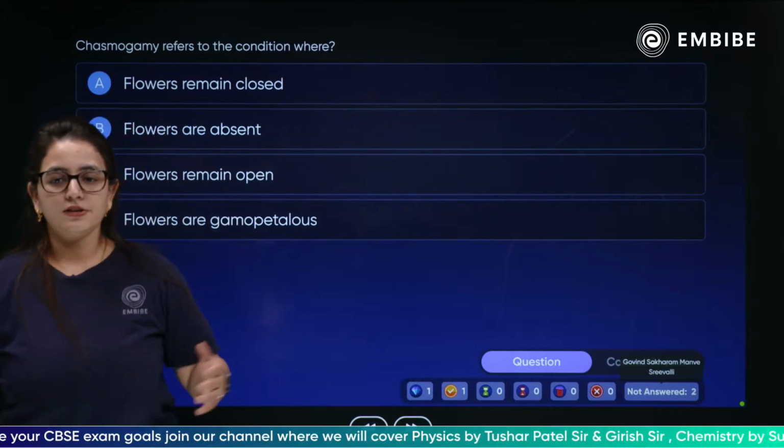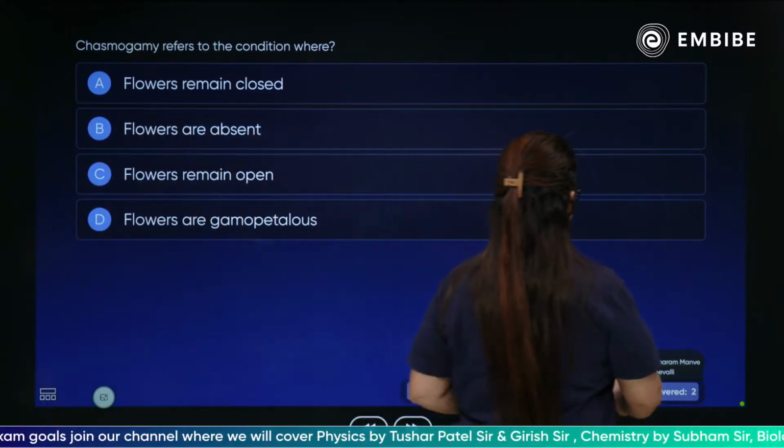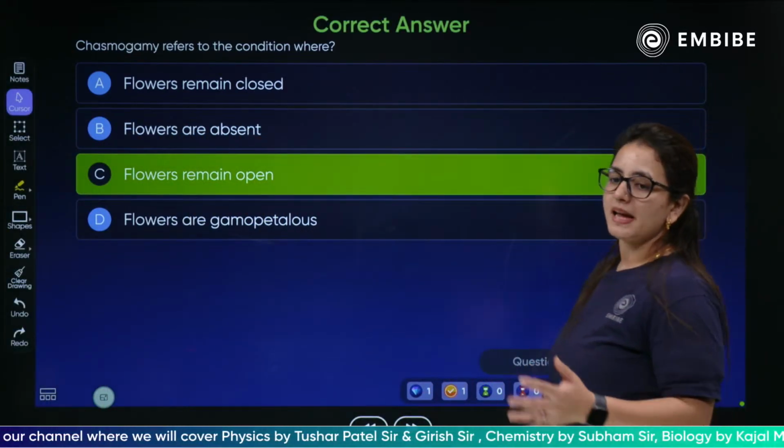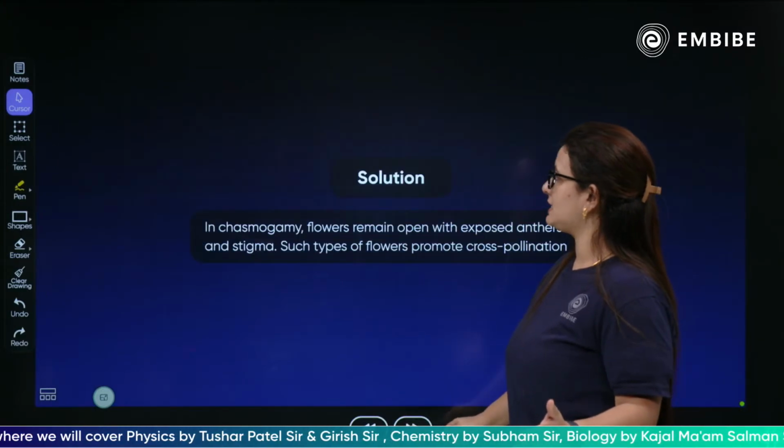Children, simple answer: chasmogamous flowers are flowers which remain open. This is absolutely very simple.